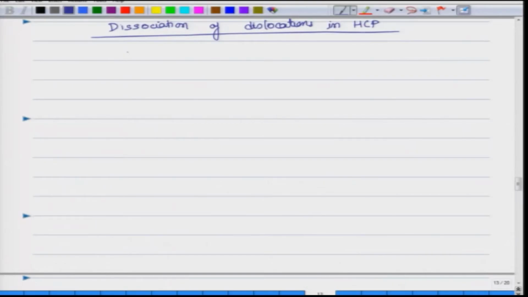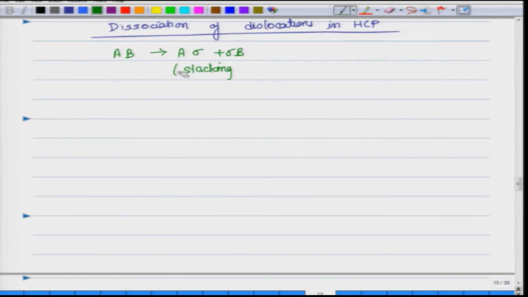Now, I will use that notation, and what is found is that even AB type of dislocation dissociates, and they dissociate into A sigma plus sigma B, and they end up with a stacking fault, remember in the FCC.